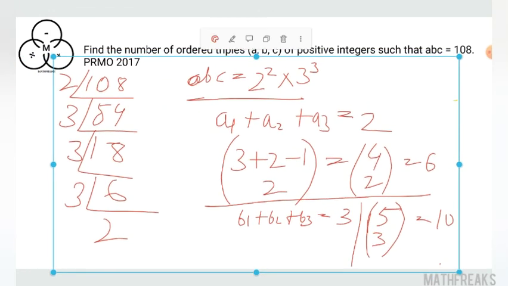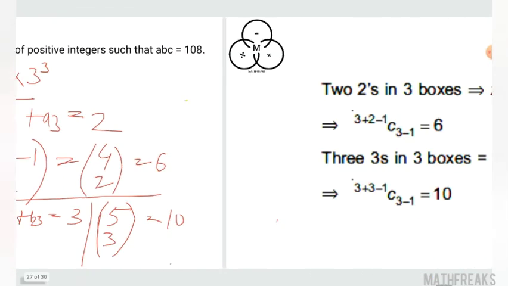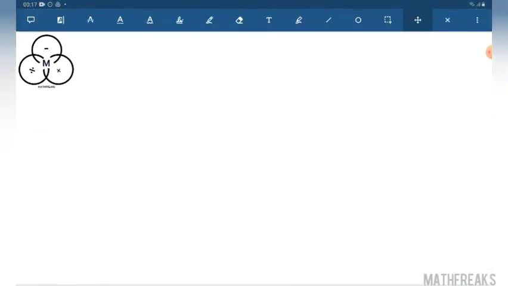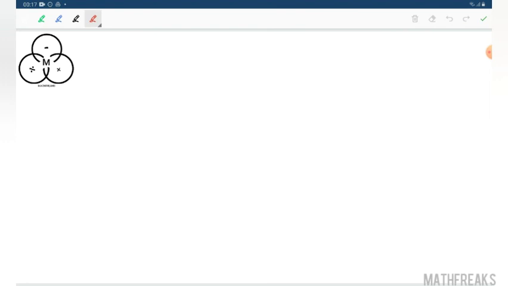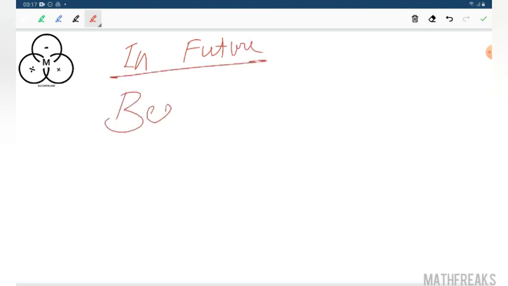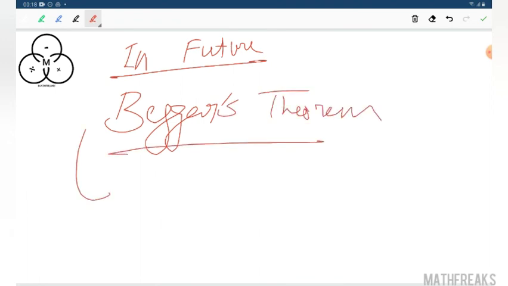With the use of the binomial theorem, the idea of Beggars method can be extended. In future we will see. In Beggars method, the important thing is that whatever thing we are distributing needs to be identical.